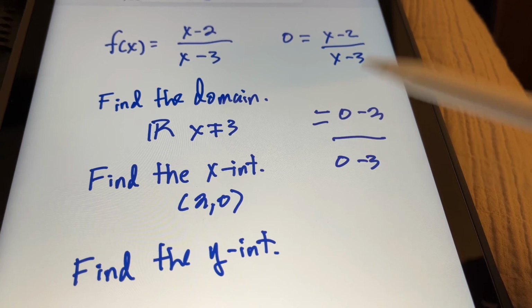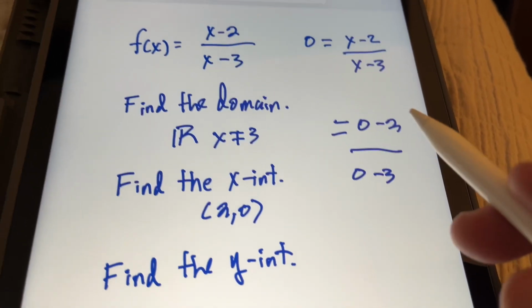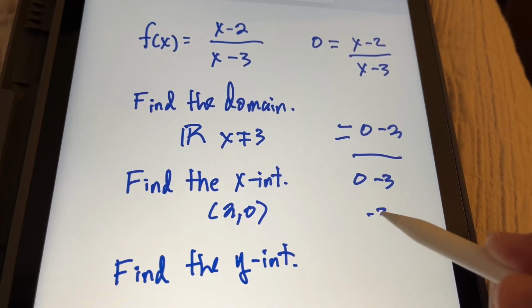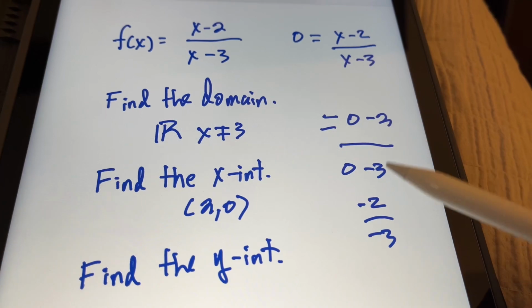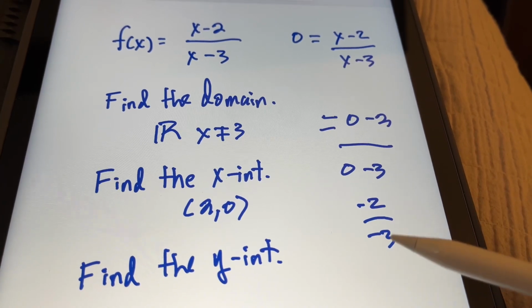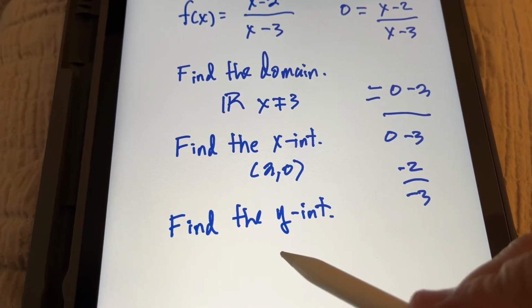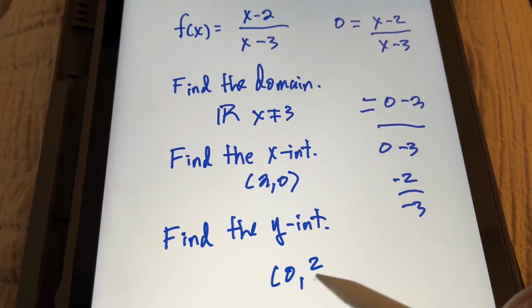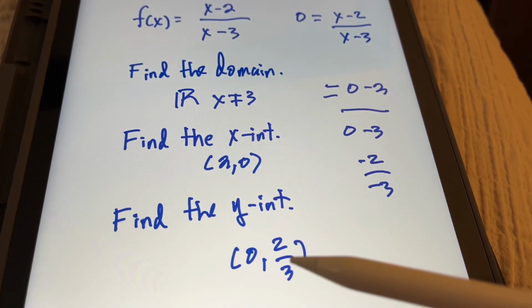So I want to know, what does that equal? Well, on the top, that's going to be -2. And on the bottom, I'm going to get -3. So 0 minus 2 is -2. 0 minus 3 is -3. So that's 2/3. So the y-intercept on this graph is 0 and 2/3.